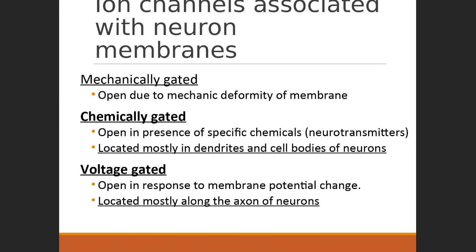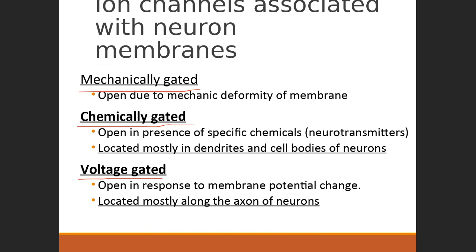The last type is the voltage gated channel. So mechanical deformation opened up mechanically gated channels. The presence of a chemical neurotransmitter opens up chemically gated channels. What would you suppose opens up a voltage gated channel? And with that, I can hear what you're thinking, and you're thinking voltage opens up a voltage gated channel.